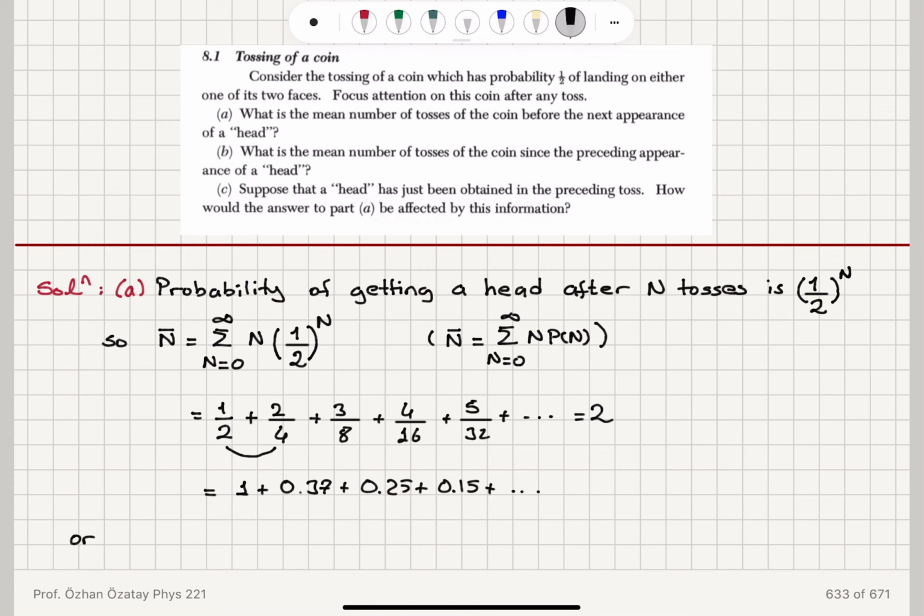Or we can say that the probability of getting a head each time is 1/2. So in every 2 tosses, on average, we expect a head.